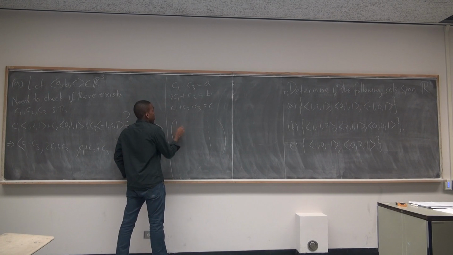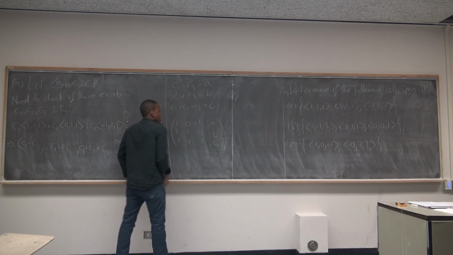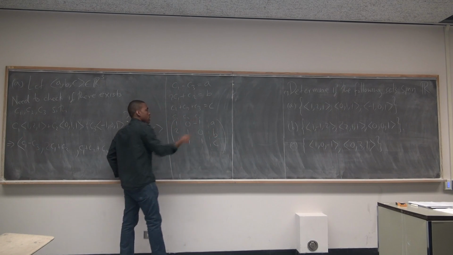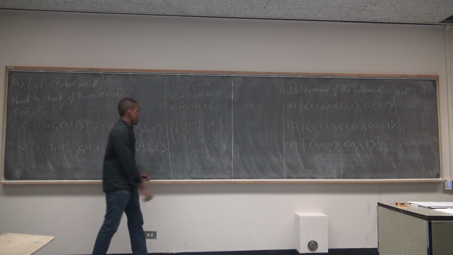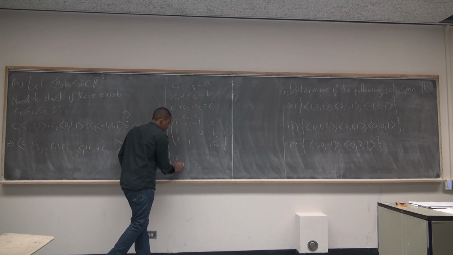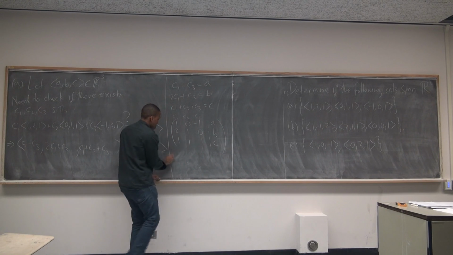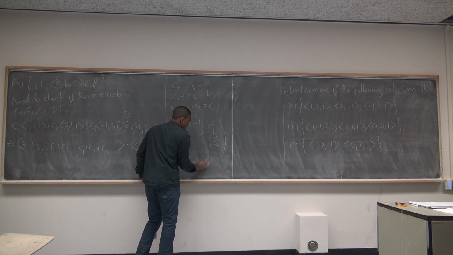I can say 1, 0, minus 1, 2, 1, 0, 1, 1, 1, and set that equal to A, B, C. And I can solve to see if there are solutions for C1, C2, and C3 that will give me that A, B, C. Right? Another way. We can try to solve this.